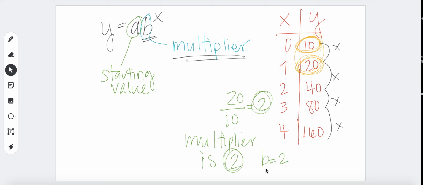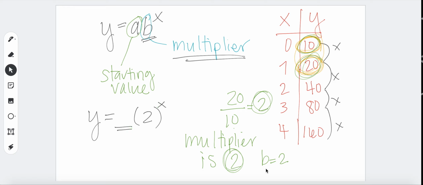So now that I know my values, if I have a table, I'm just going to take my second value and put it over the first. I divide it, and then whatever I get, that's my b. So if I rewrite my equation, y equals ab to the power of x, I know that b would be 2. The x doesn't change. Now I need to find my a.